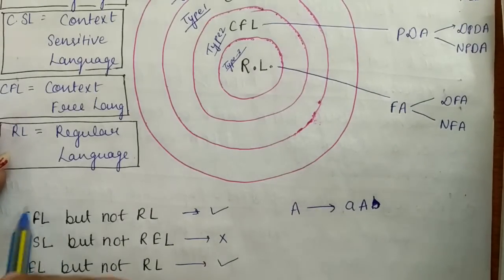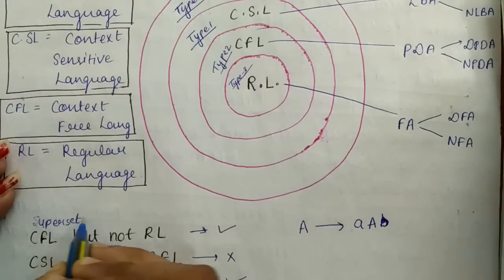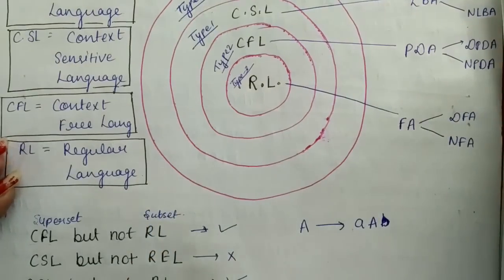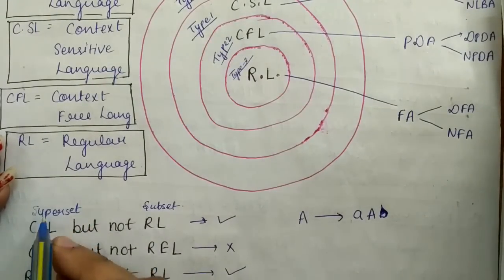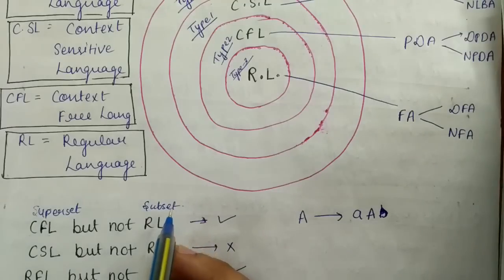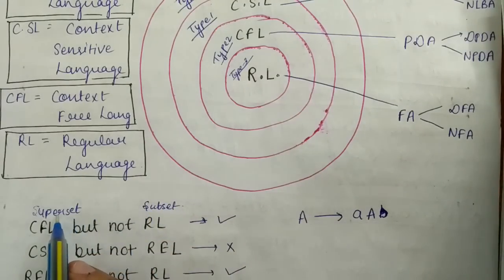So this is the superset and this is the subset. The thing which belongs to the superset cannot necessarily belong to the subset, but the thing which belongs to the subset will always belong to the superset.